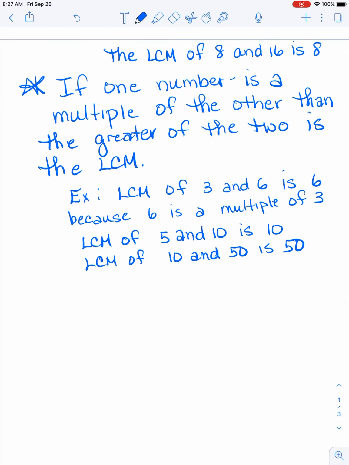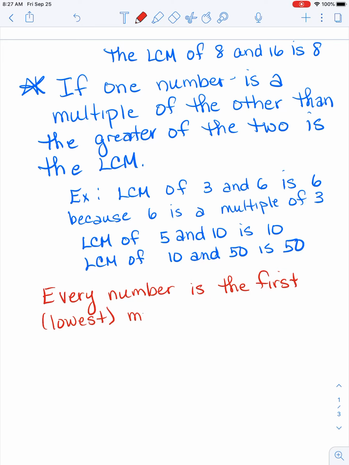So let's write that down. Every number is the first or lowest multiple of itself.